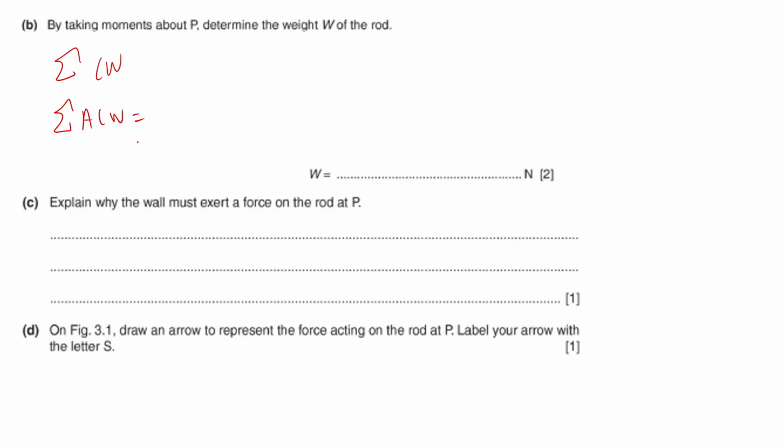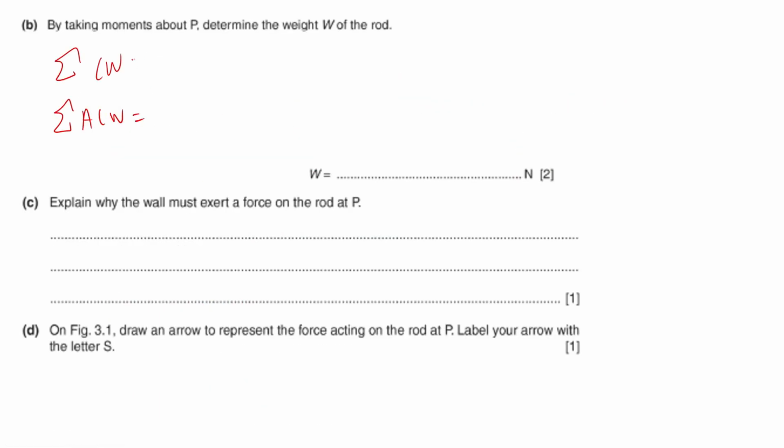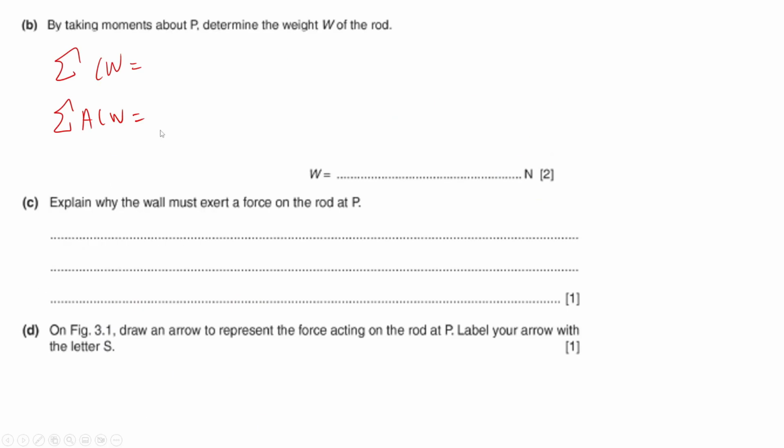So our anti-clockwise is going to be the weight, right? Or sorry, the clockwise is going to be the weight. And it's going to be the distance of the pivot, which is 0.64, times the weight in newtons.